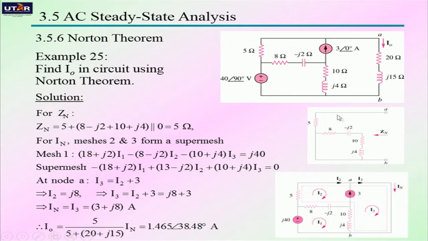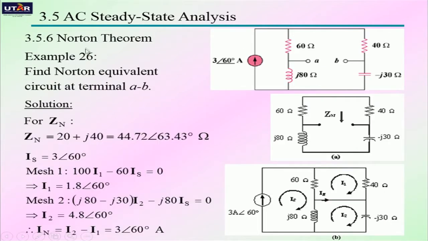By merging all the impedance elements, we will be able to find the Norton impedance. To find Norton's current, we put a short circuit between terminals A and B. We put a wire here connecting them so that it's a short circuit. The current flowing through this short circuit is Norton current, IN.